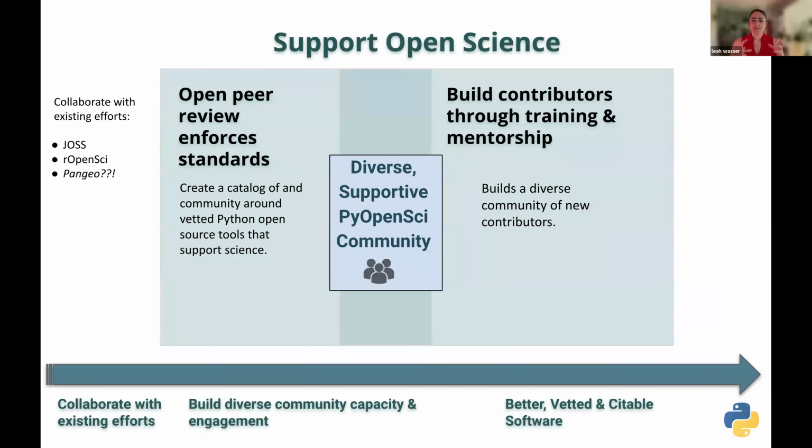Here are the 2 buckets that you can think about when you think about pyOpenSci. One is open peer review of open source software. And then the second piece is this development of a contributor base and training and mentorship in how people can contribute to open source and how scientists can support open source.